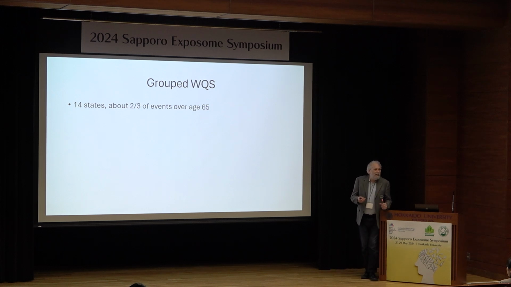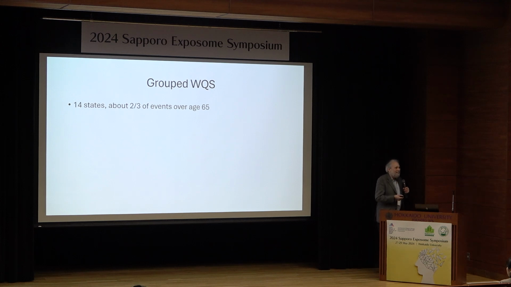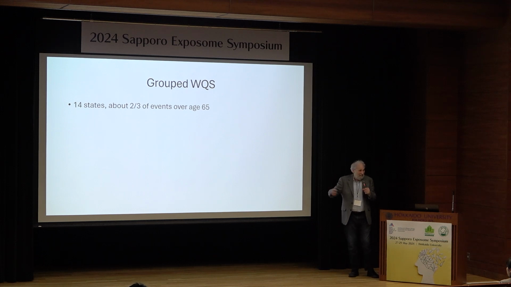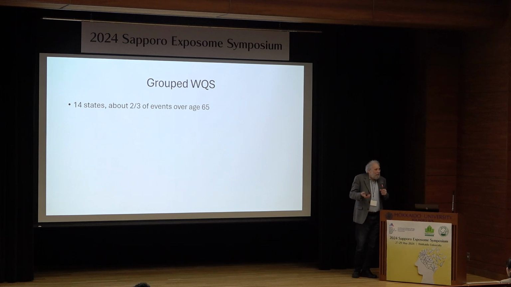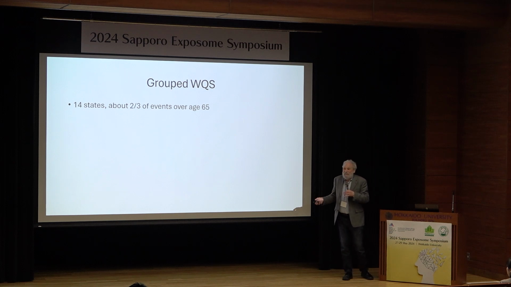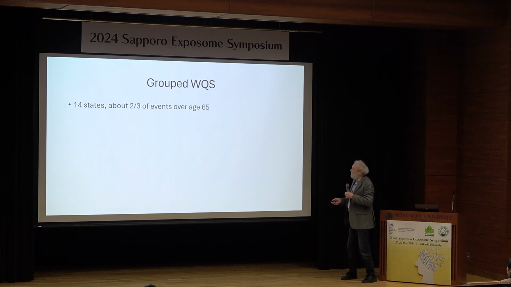A problem with weighted quantile sums is that all the effects have to be in the same direction. That's not such a bad thing when you're looking at pollutants, because we think they're all bad for you. But sometimes when we're thinking about the exposome, we want to include things we think might be good for you, like green space that was mentioned several times.